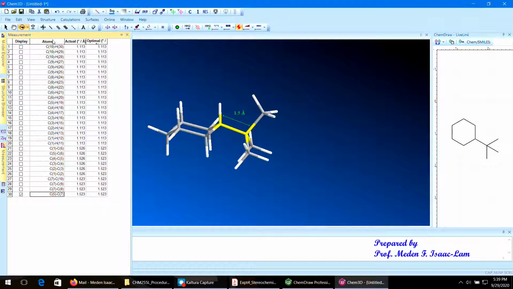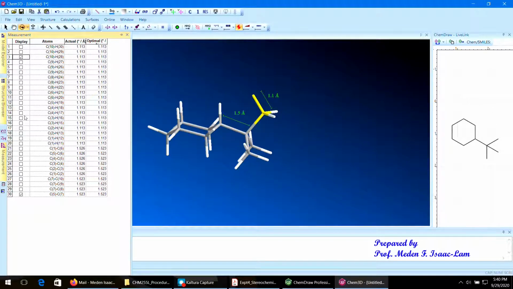This is a table on the left side. And you can also determine, for example, this carbon is C10 and this H is C28. So you can locate that C10 and C28, which is number 3 in this table, and then it will determine for you that distance, which is 1.1 angstrom.